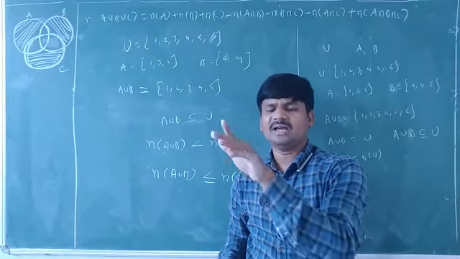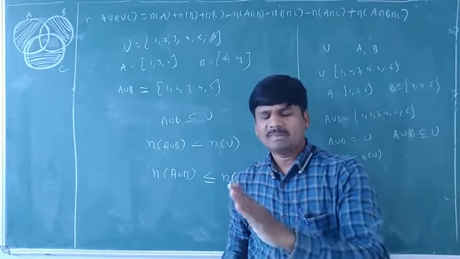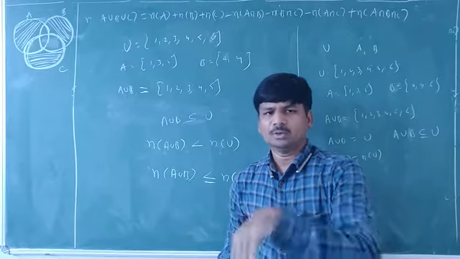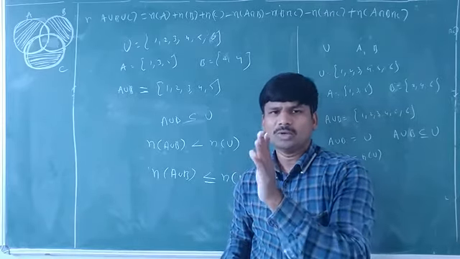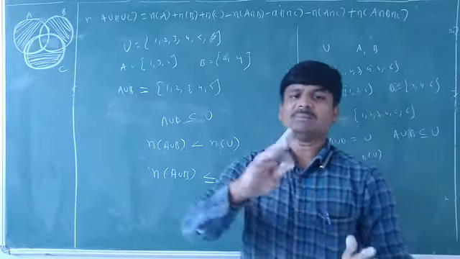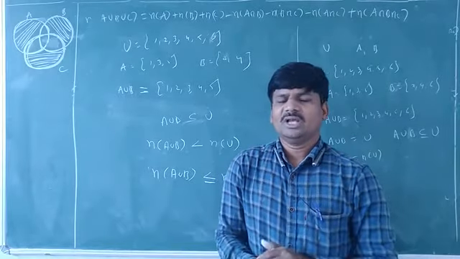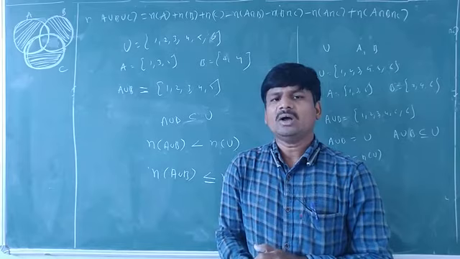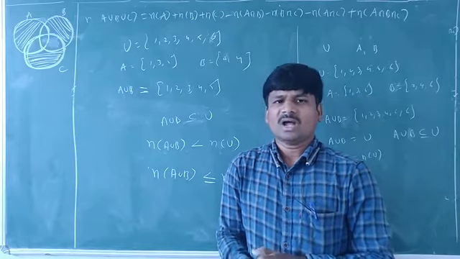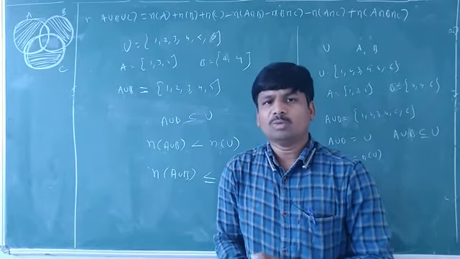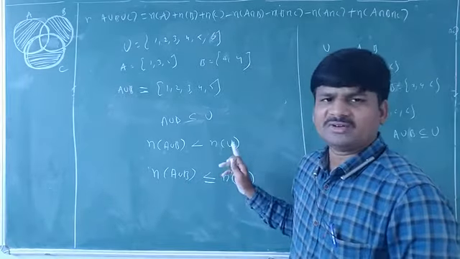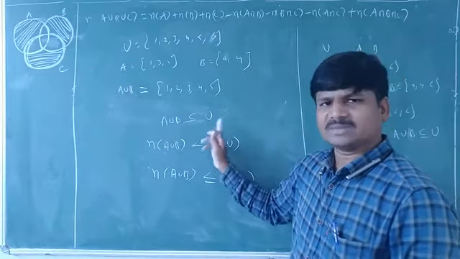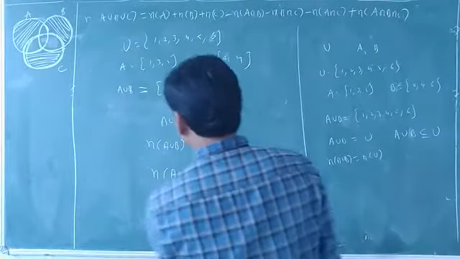Equal to the number of elements of U, maybe less than U. But A union B elements do not exceed U. That means you cannot get more than U elements in A union B. Are you understanding or not? A union B always must be a subset of U only. Okay, just remember this concept.